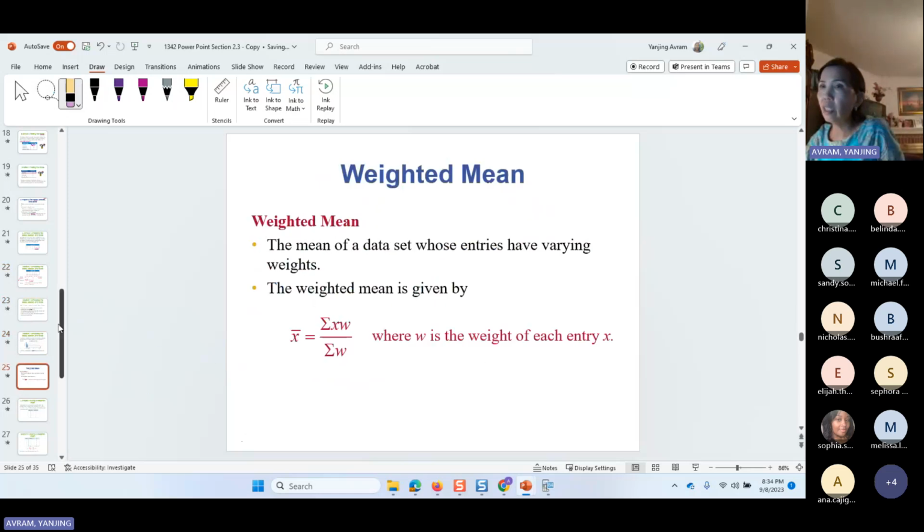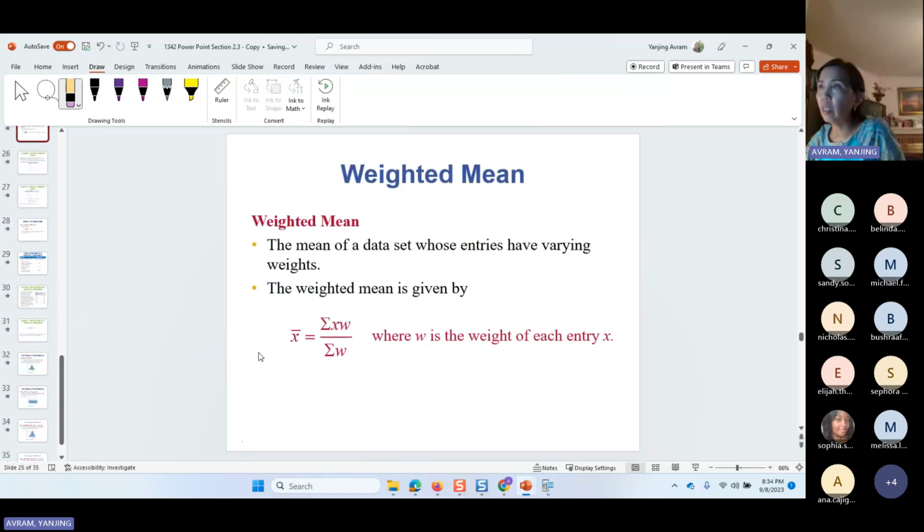The next thing here is called a weighted mean. Some of the values are weighted differently, just like the course grade. If homework is, say, 20%, and then the test is 15%, for example, and then the quiz is 18%, each category is weighted differently.